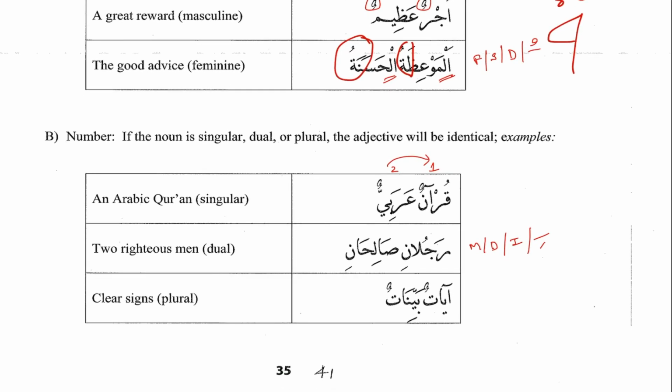Similarly, we have ayatun bayyinatun. So they are both plural. How do we know that they are plural? Because ayat is actually a plural ism. It's the plural form of the ism. Similarly, bayyinatun is also plural. So they're both plural. So don't worry about it.